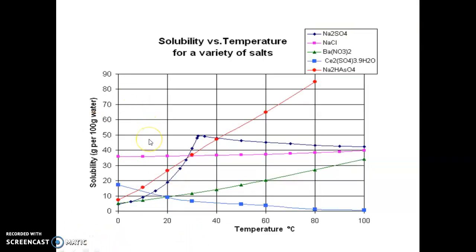So this is the graph that we had seen, if you remember. This is for sodium chloride, and the other salts are seen showing variation in the solubility with respect to temperature.